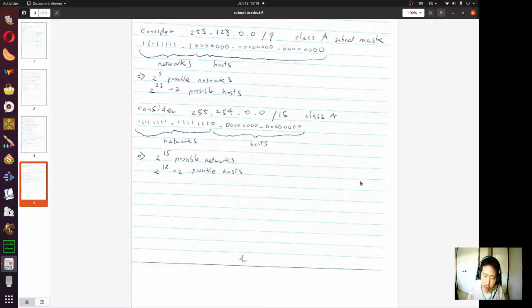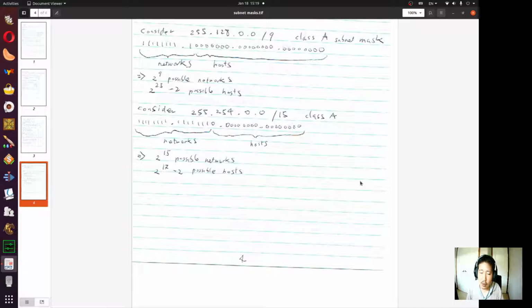So when or why do you have to use the subnet mask? Because within the same group of devices that are physically connected together, maybe you will want to divide them into different subnets, and there's a requirement that, like, subnet A requires a certain number of hosts and subnet B requires another number of hosts, something like that.